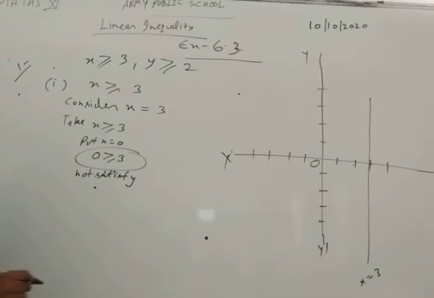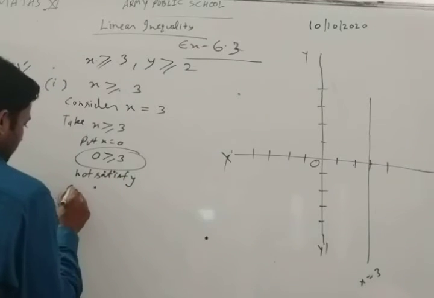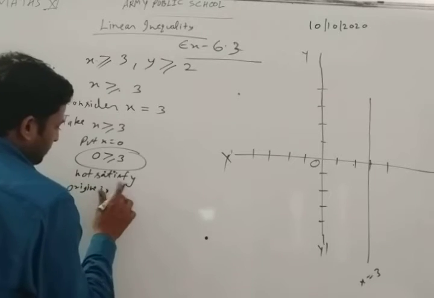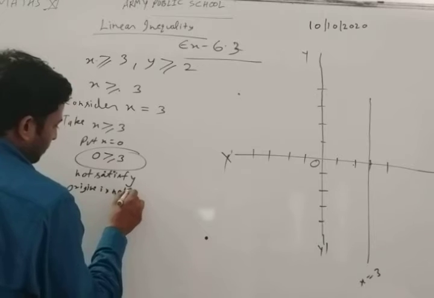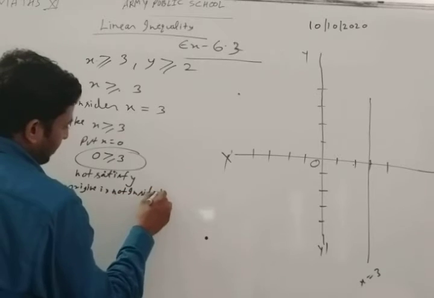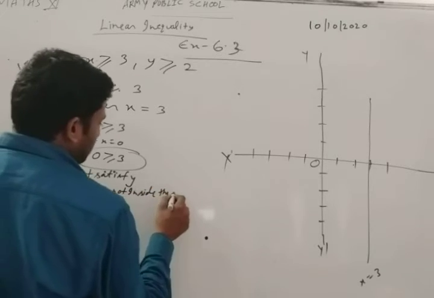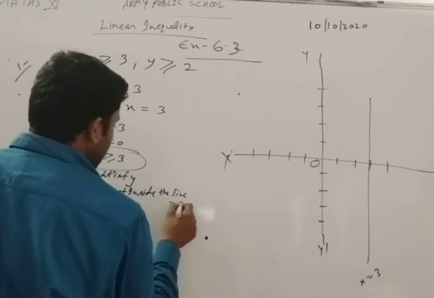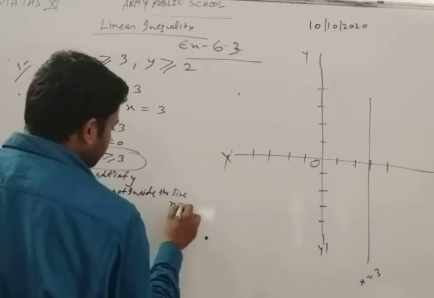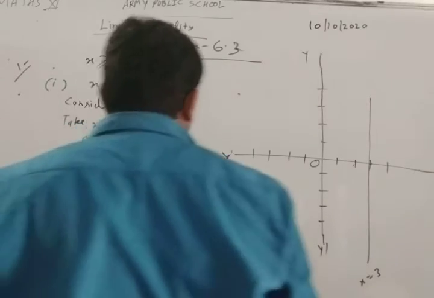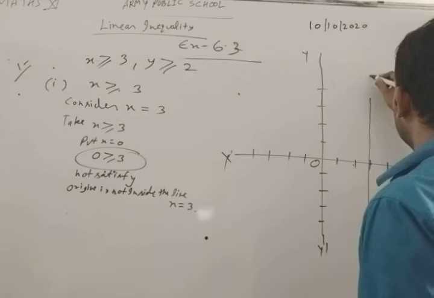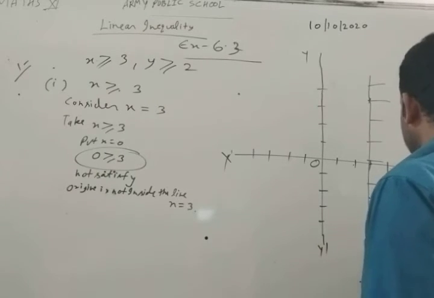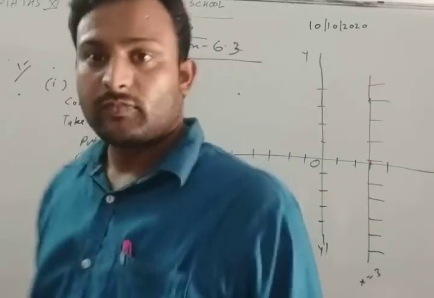So origin is not inside the line x equal to 3. So it will be outside. So this will be our solution.